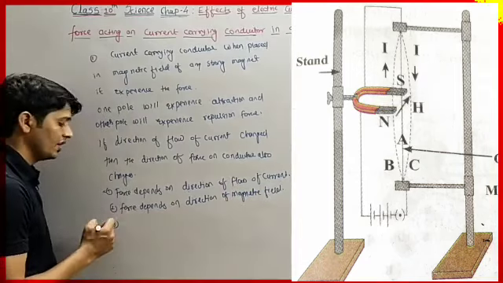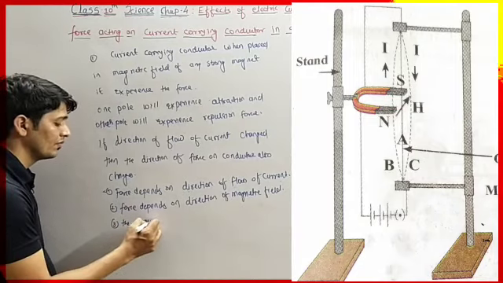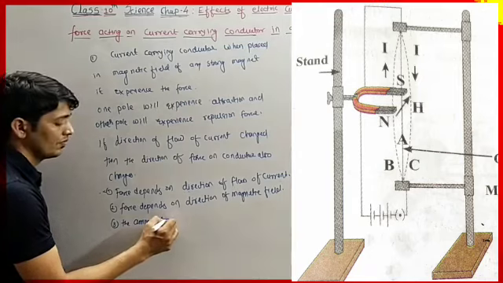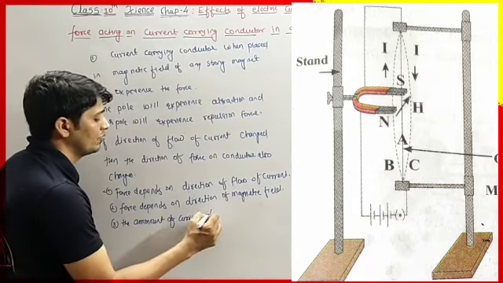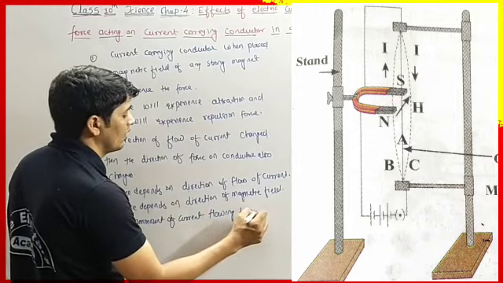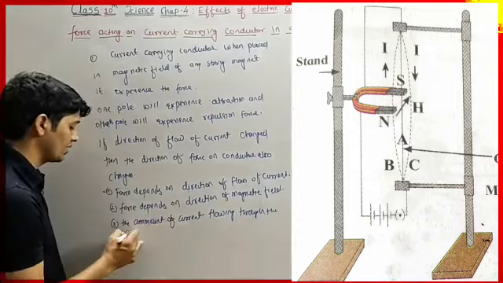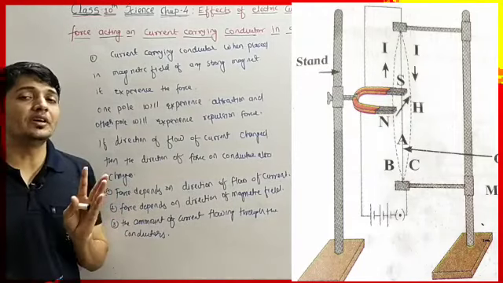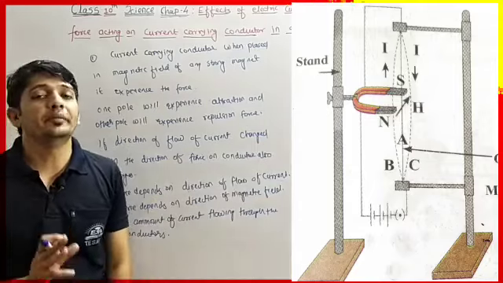And number three, the amount of current flowing through the conductor. Okay, so these are the three important points on which the force acting on a current carrying conductor in a magnetic field depends.